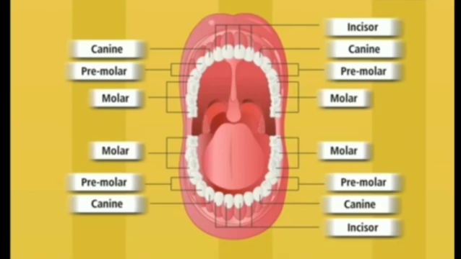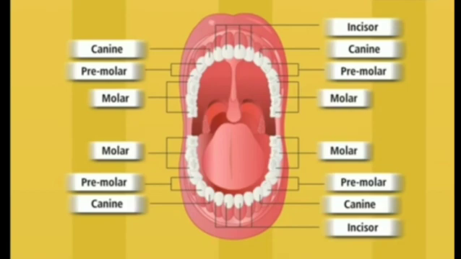Okay, so this was about the kinds of teeth. The first kind of teeth is the incisor, which we use for cutting the food. Then canine teeth are used for tearing the food. Then premolars are used to grind or break the food into fine pieces.